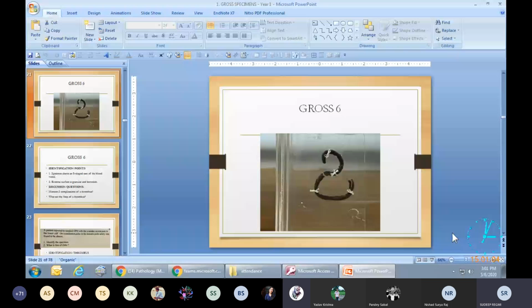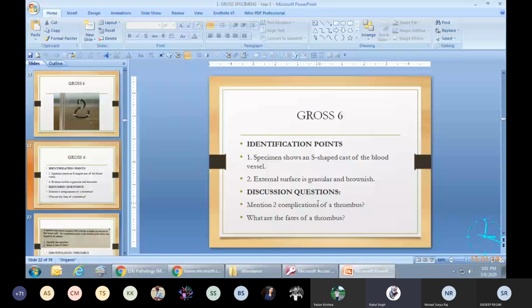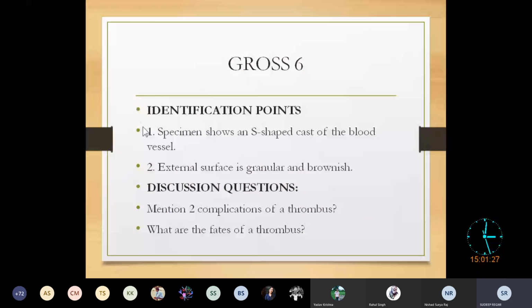So it is a specimen showing lines of Zahn. Lines of Zahn is a microscopic feature, and you cannot see that in the gross feature.